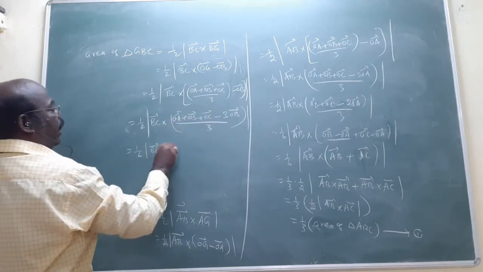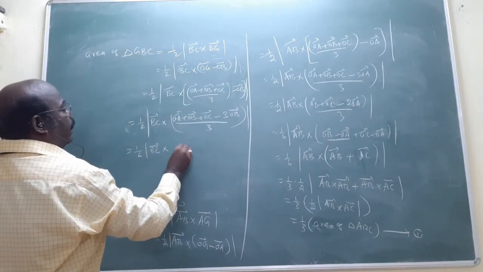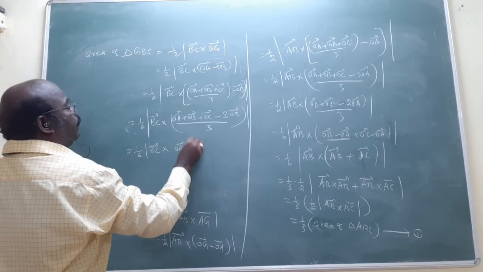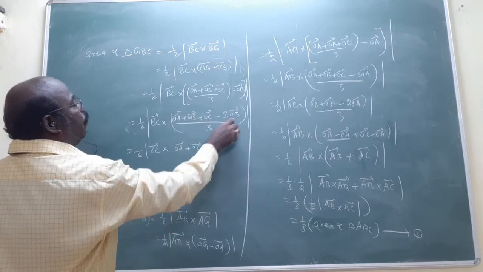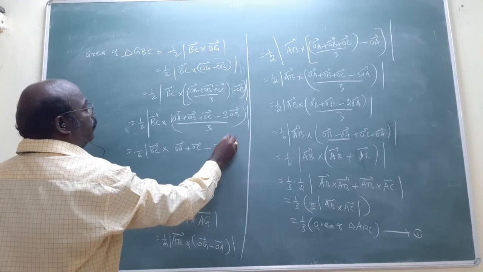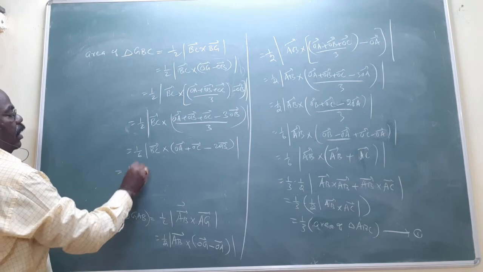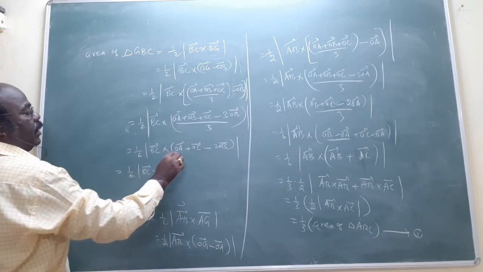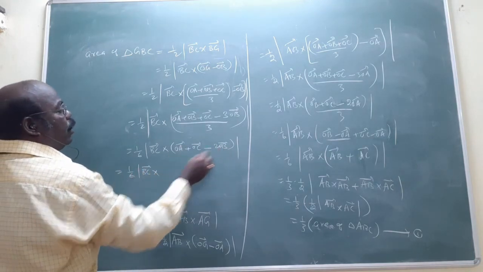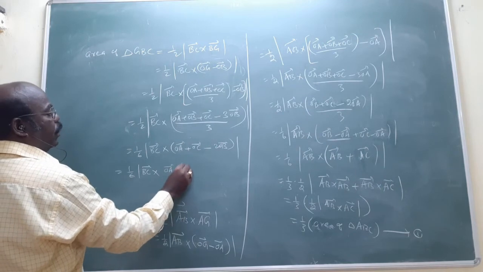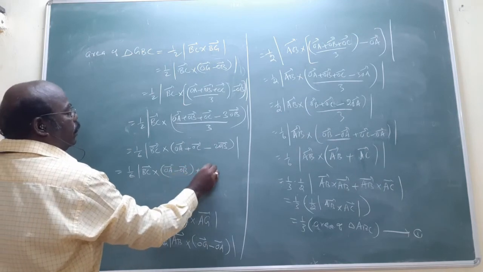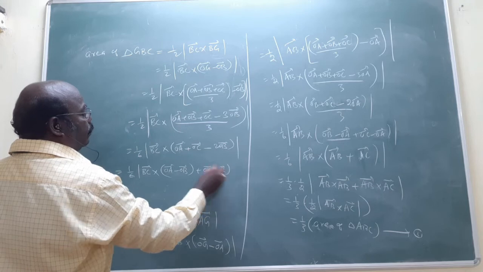Now simplify the cross. Here OA vector, same thing. Next OC vector, same thing. OB minus 3OB, so minus 2OB. What I told you: the BC cross OA, the minus 2 times OB can be split as OA vector minus OB vector and OC vector minus OB vector.